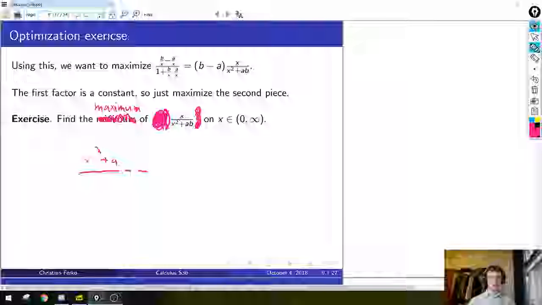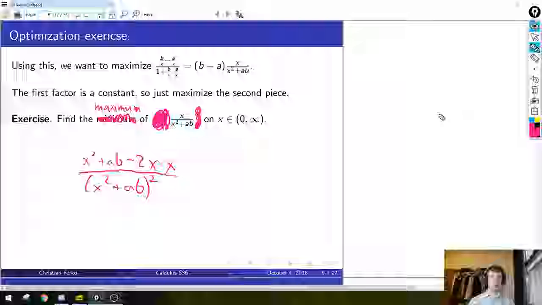You said x squared plus ab, minus 2x, all over this thing squared? Yup. Okay, so this is the derivative of the top times the bottom left alone, then we minus the derivative of the bottom, which is 2x, but also times the top left alone, right? So I think that should be 2x squared.